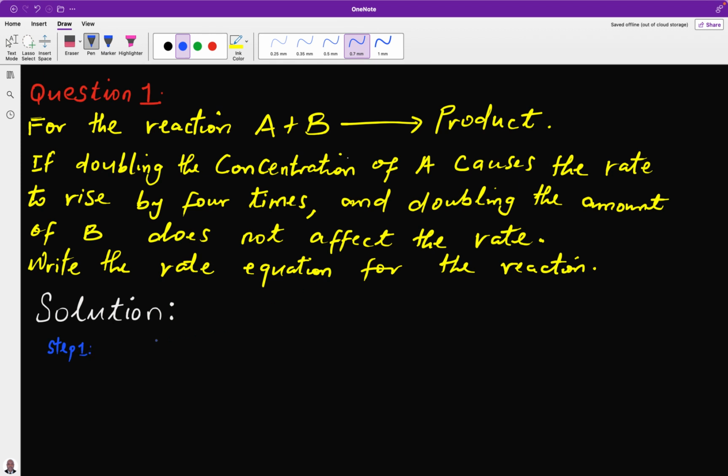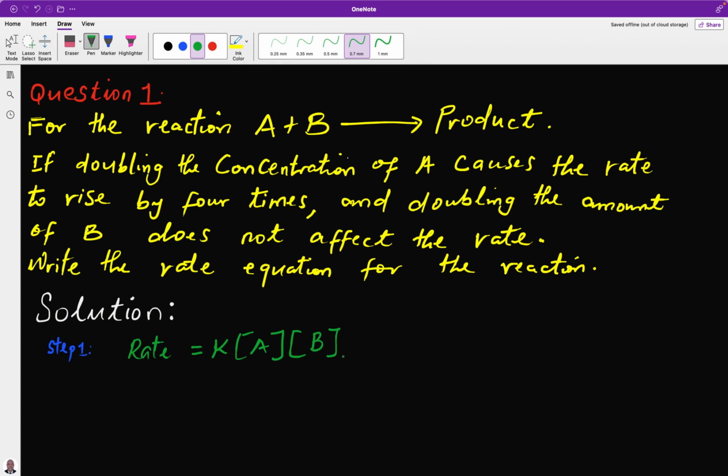Let's say the rate equation is in this form. We have the rate, which is equal to the rate constant, concentration of A times the concentration of B. That is the rate equation for this reaction.